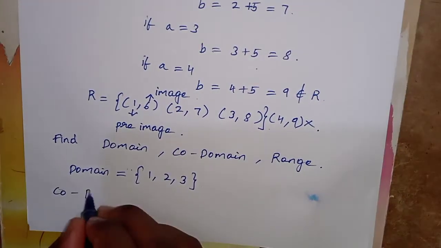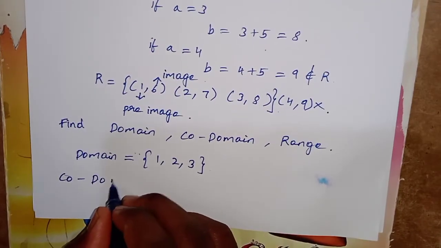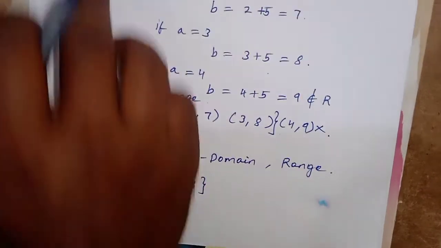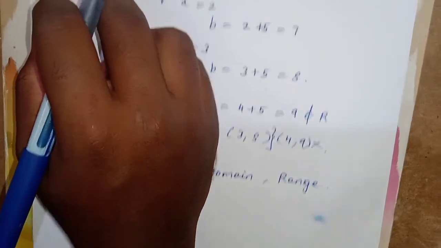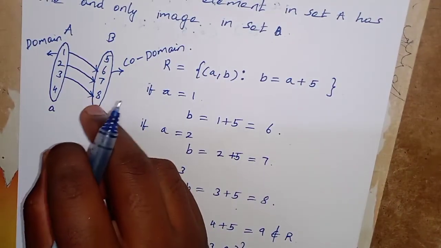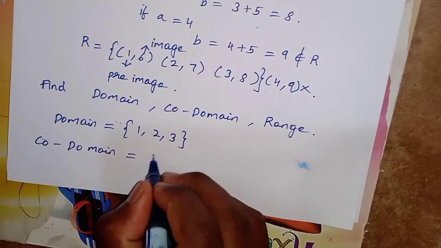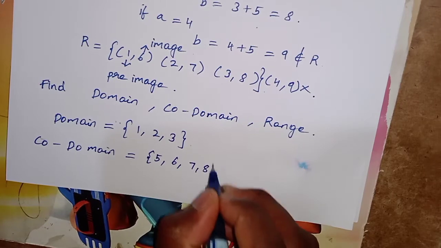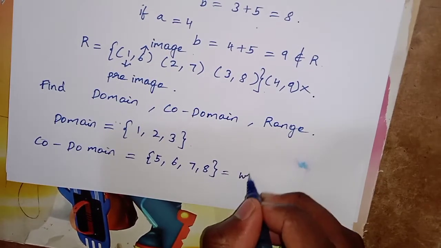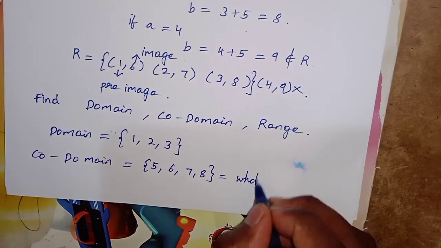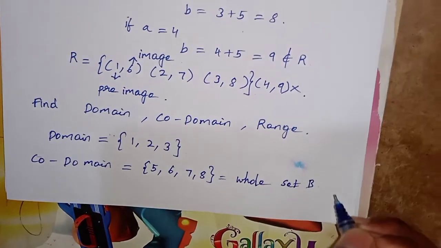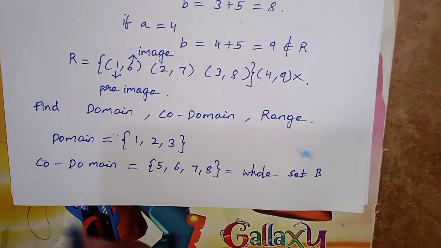Codomain is the whole set B: 5, 6, 7, 8.